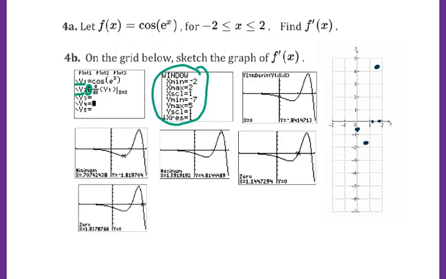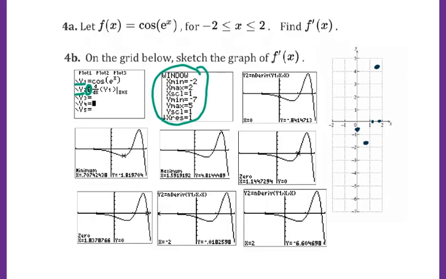After you figure out all the key points, the very, very critical one is the domain and range. So you need to put x equals -2, get y equals -0.01. That will be very close to 0.